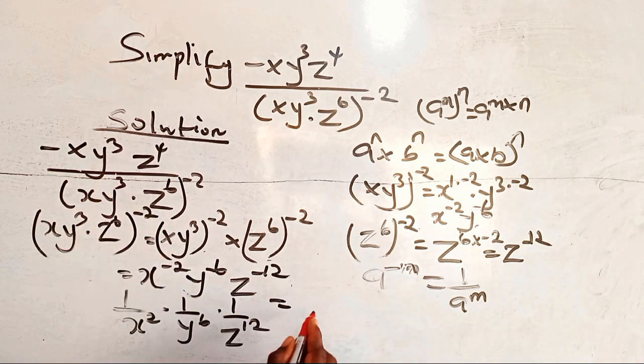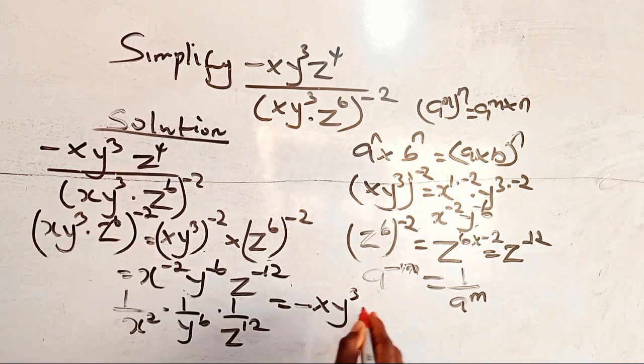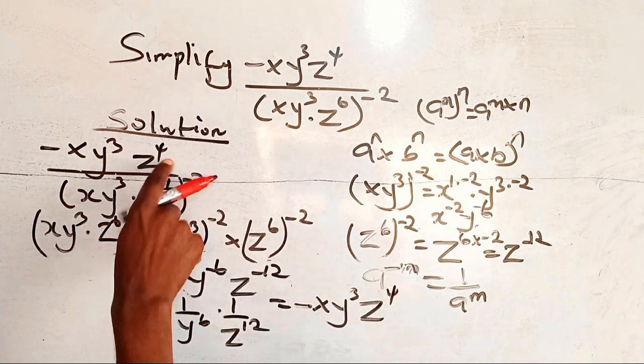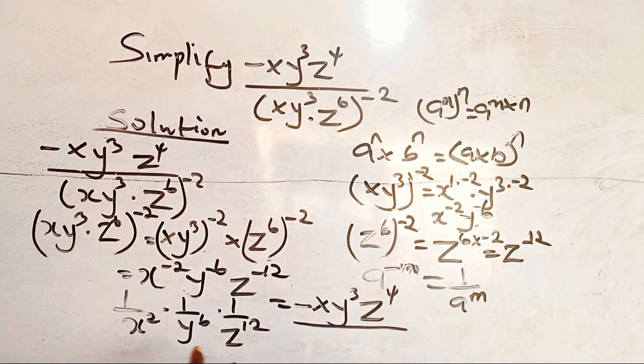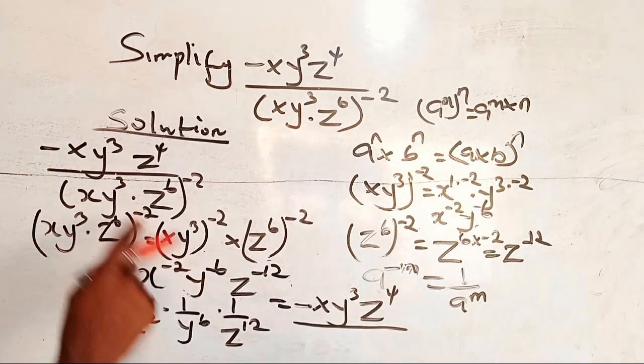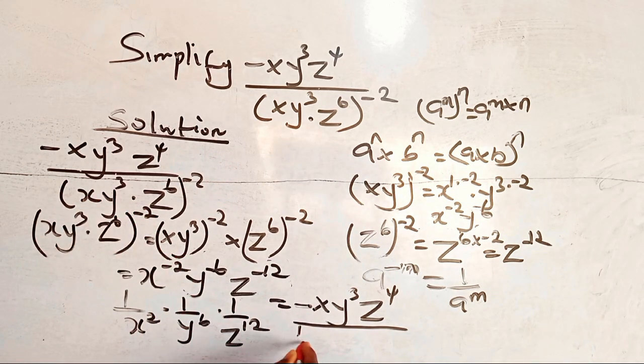We have the numerator as minus x times y raised to the power 3 times z raised to the power 4 over this denominator. So we easily look for the reciprocal. For the denominator, we have 1 over x squared times 1 over y raised to the power 6 times 1 over z raised to the power 12.